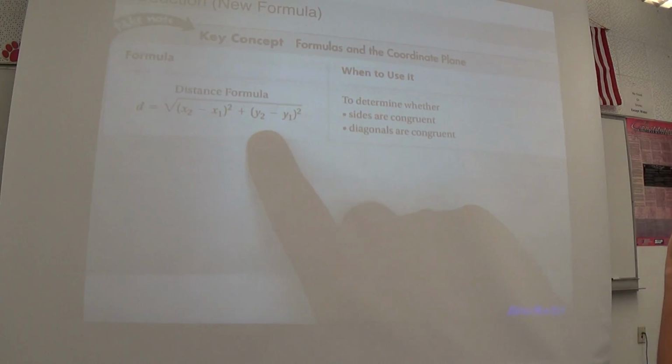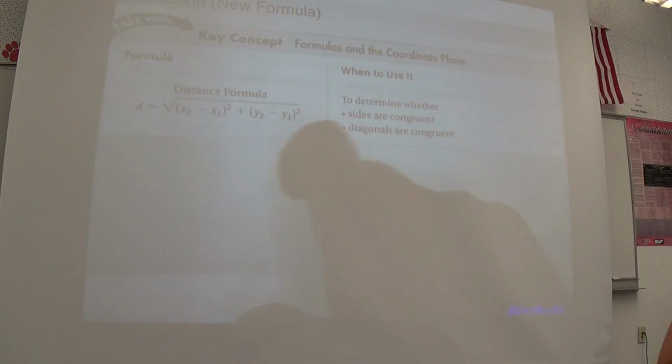To find the distance between 2 points, we use what we call the distance formula. We determine whether or not sides are congruent and diagonals are congruent by using this formula, because you're finding the length of sides between 2 points.